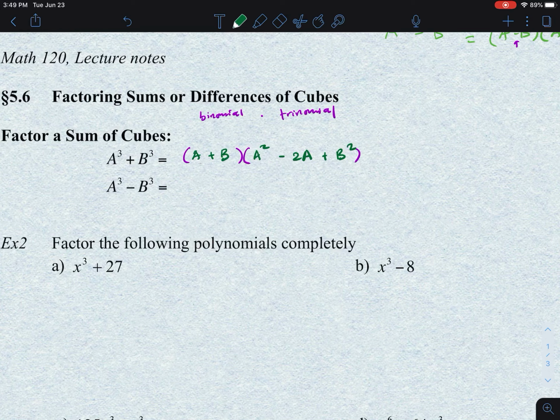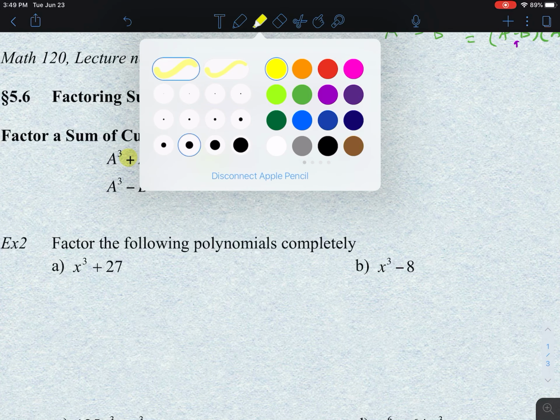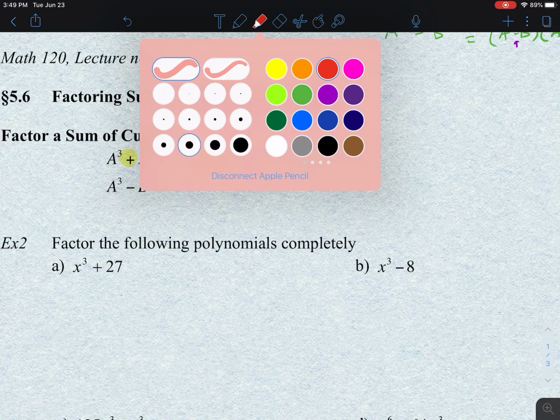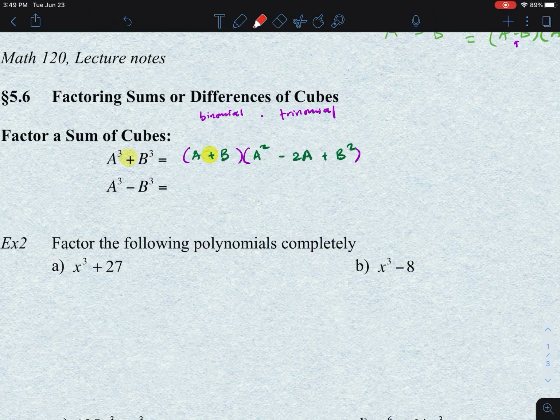So the trick when we factor the sum and difference of cubes, for example the sum of two cubes here, is to pay attention to whether it is a sum. If it's a sum, the first factor follows the same sign, and then the second factor, the trinomial, should have 2ab. Let me erase this. Going back, the sign in the middle term should be the opposite of the polynomial.